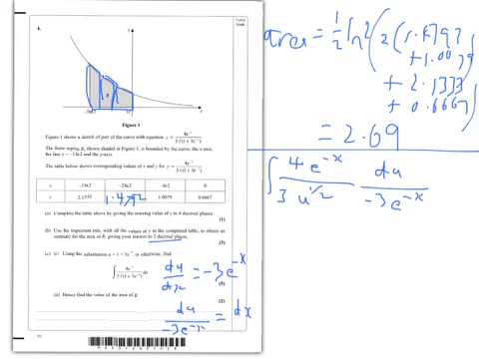This often happens in these questions, so what I'm going to do then is to cancel this with this, and we end up with integrating minus 4 ninths. The integral of u to the minus a half is what you get there.